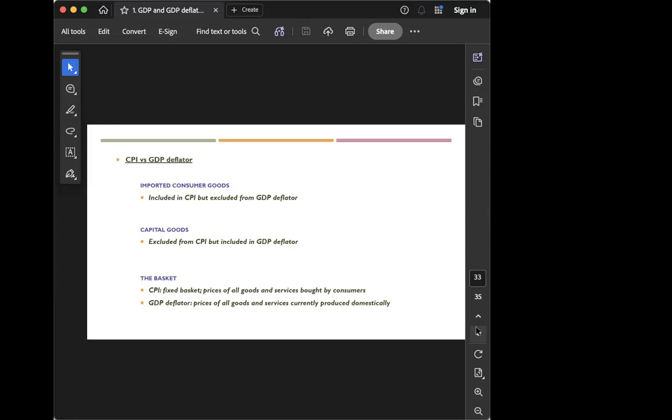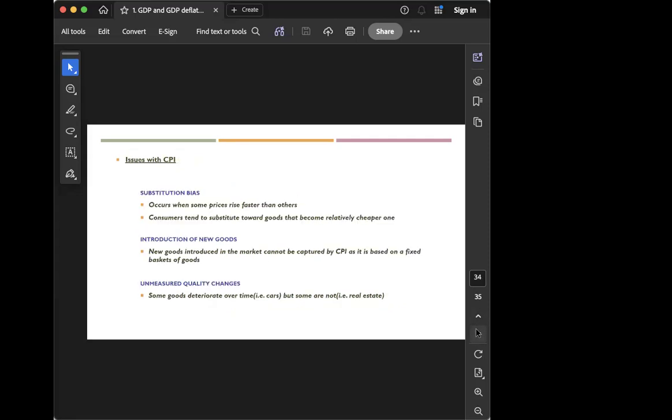And the last one is the baskets. CPI uses a fixed basket of goods and services bought by consumers, right? However, the GDP deflator uses all goods and services. So they have different things included. CPI is more focused on consumers, while the GDP deflator is a little bit broader in terms of domestic production.